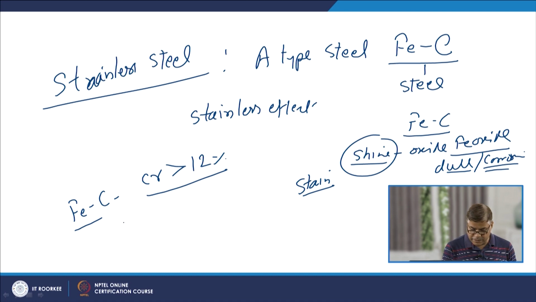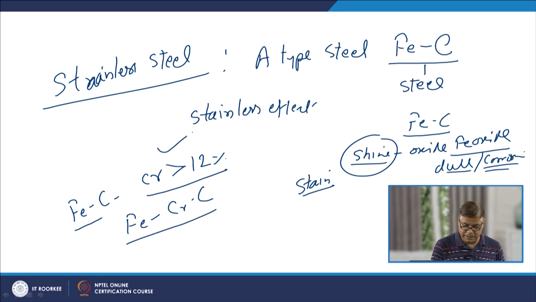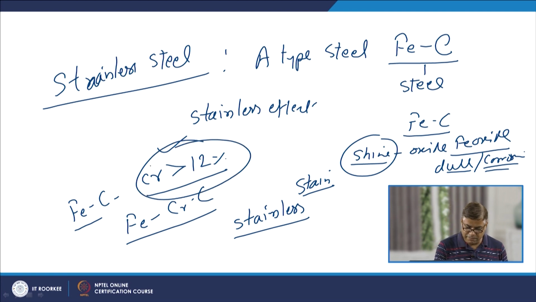Whatever steel is developed with the addition of chromium and carbon in such a way that the chromium content is greater than 12%, it is not subjected to the kind of oxidation where it loses its shine. So it remains stainless, and that is why it is called stainless steel. This happens primarily when the chromium content in the steel is greater than 12%.